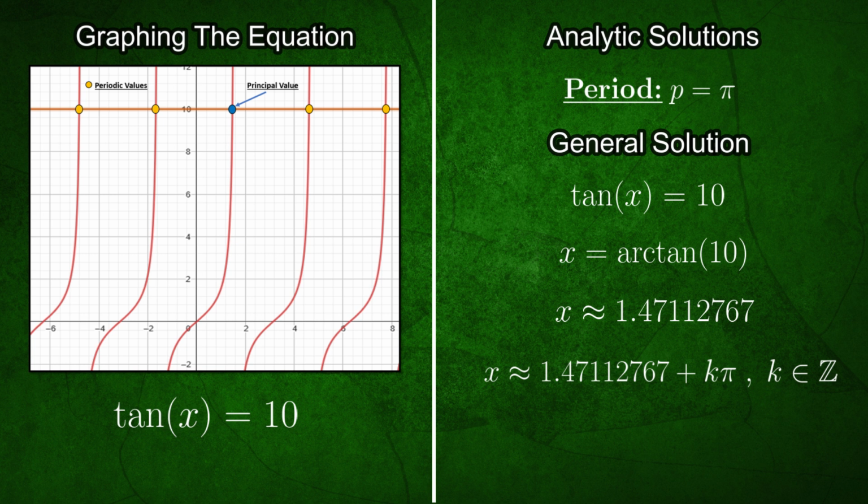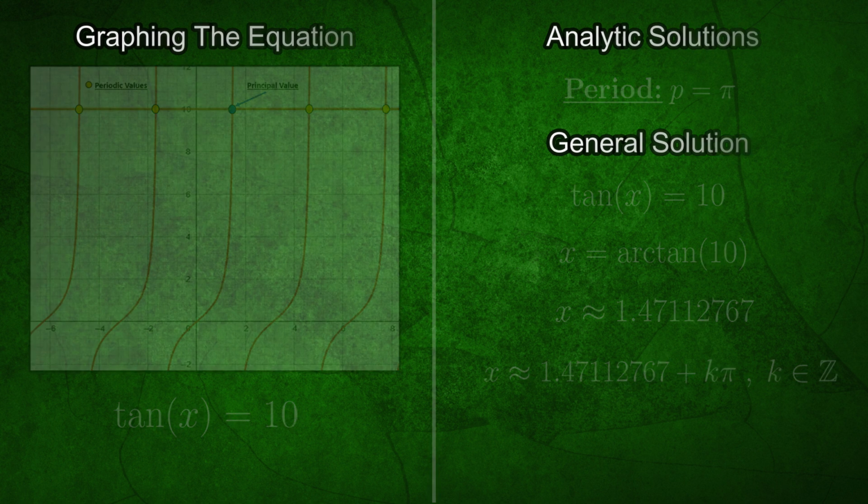Remember that in the equation tangent of x equals 10, we need to apply the inverse of tangent to both sides of the equation, and then we need to add a multiple of the period, and x will provide all solutions.